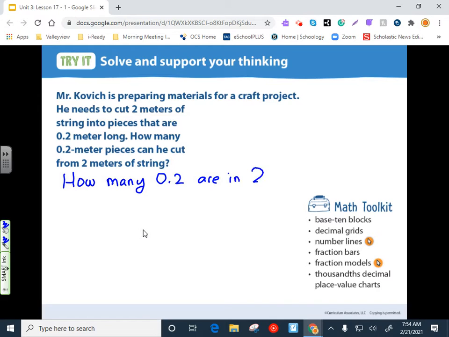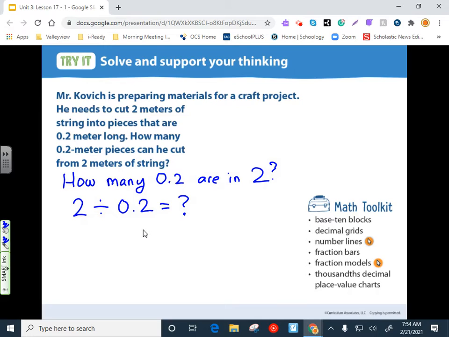We're not going to worry about meters or pieces or anything like that. Let's think about the bare bones of how many 2/10 are in 2. And that problem would look like this: 2 divided by 2/10, and that will equal our answer, whatever that may be.